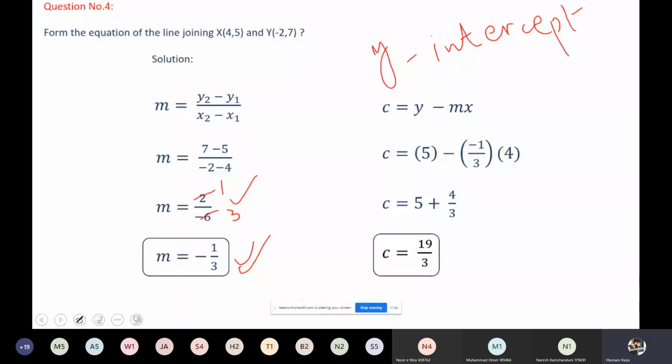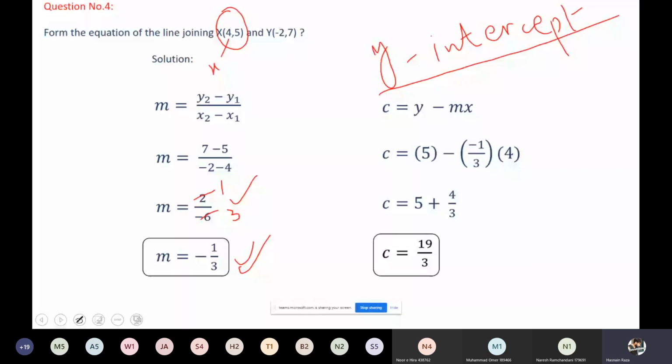c equals y minus mx, where we must put any of the points' coordinates. So I have used the coordinates of the point where the x coordinate is 4 and the y coordinate is 5.